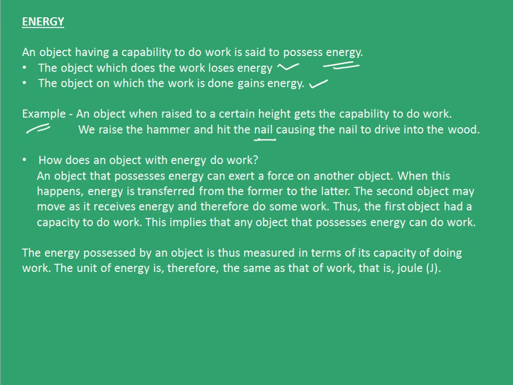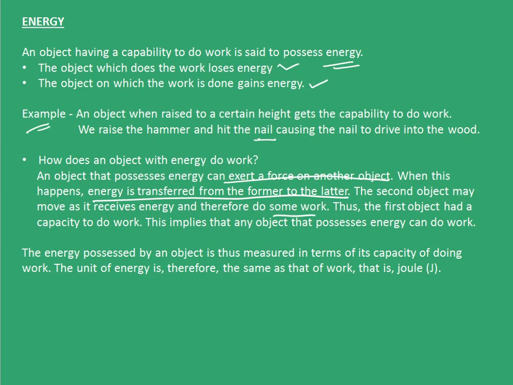Now, how does an object with energy do work? An object that possesses energy can exert a force on another object. When this happens, energy is transformed from former to the latter. The second object may move as it receives energy and therefore do some work.